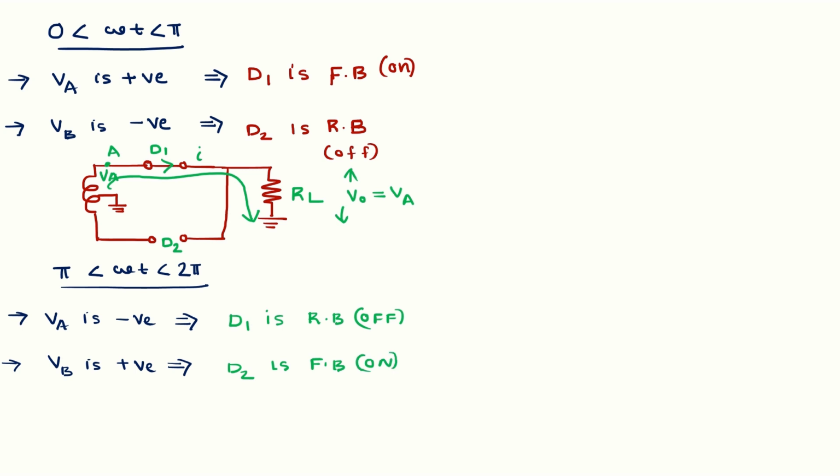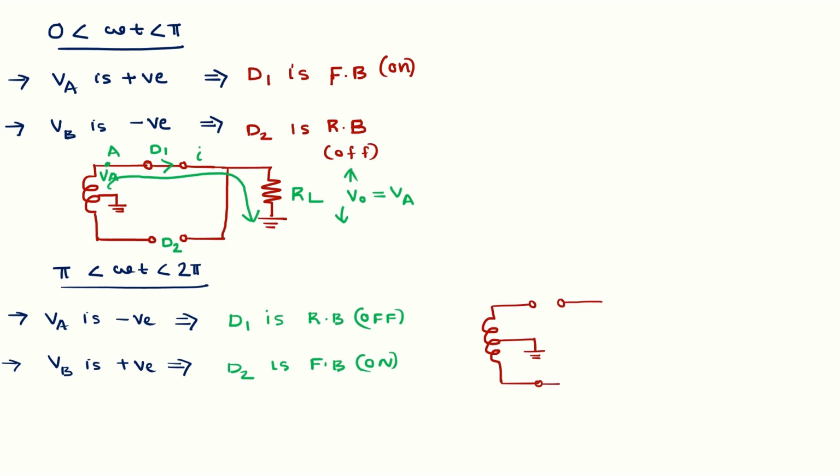Okay, so I am drawing the figure. The midpoint of the secondary winding is grounded, and D1 is reverse biased, assuming that the diode is ideal. So in the reverse biased condition, I can treat it as an open circuit. Then D2 is a short circuit.